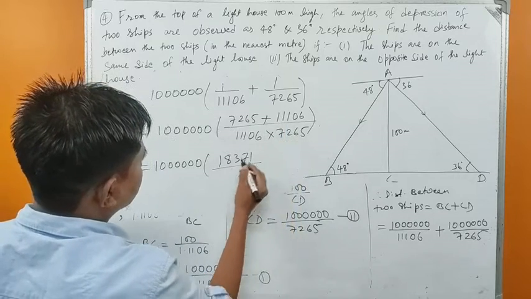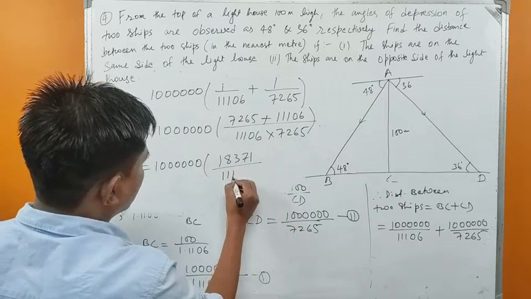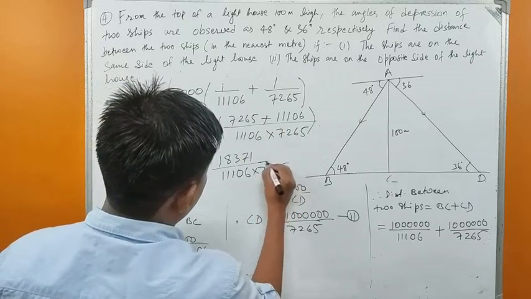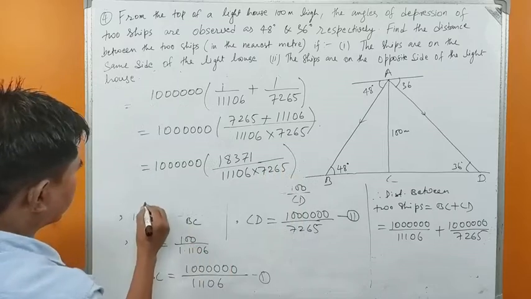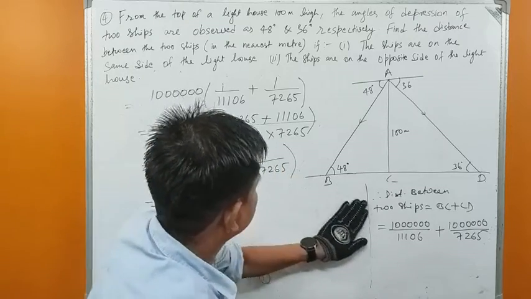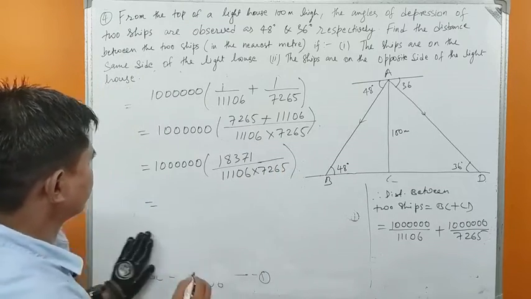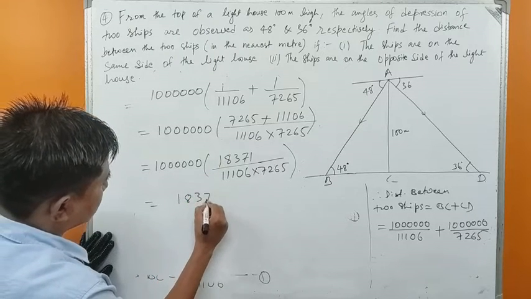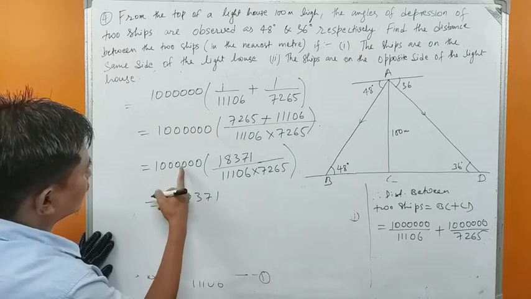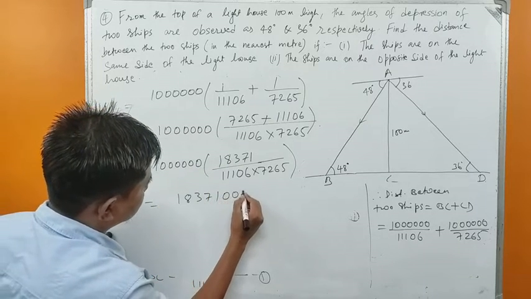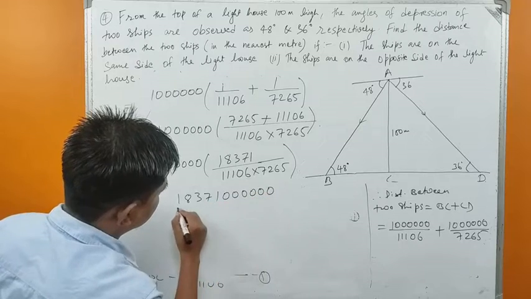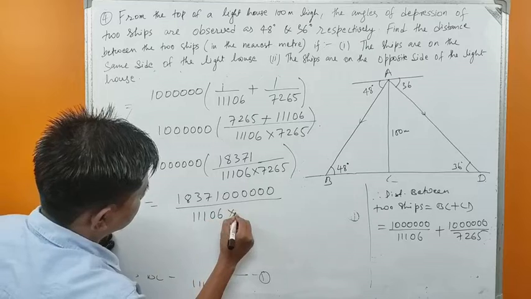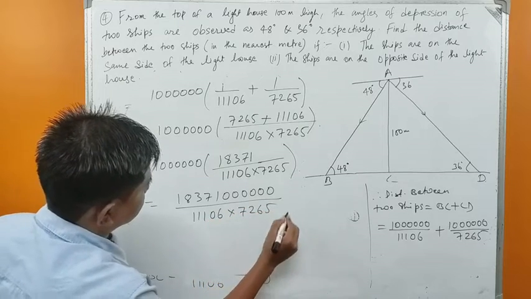In the denominator we have 11106 into 7265. Now we multiply this into this: 18371, with 6 zeros, divided by 11106 into 7265.